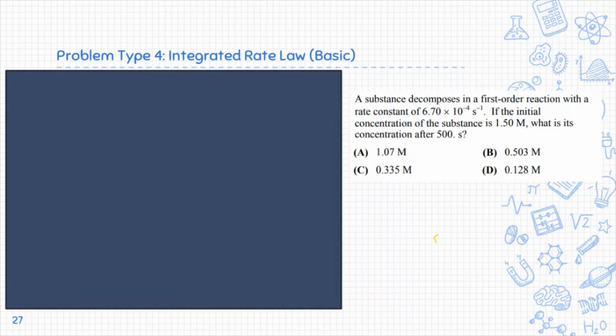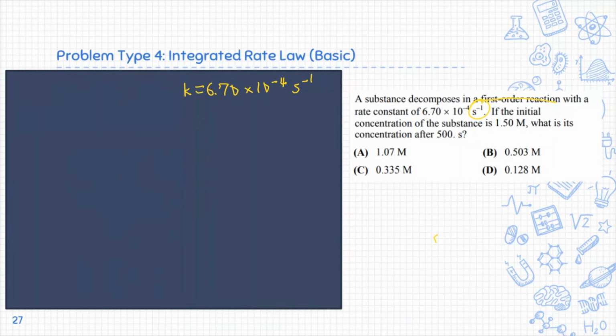Basically, we're given the rate constant. So just from units, because it's seconds to the negative first power, we know that this is going to be a first order overall reaction. Well, it's given here, but whatever.